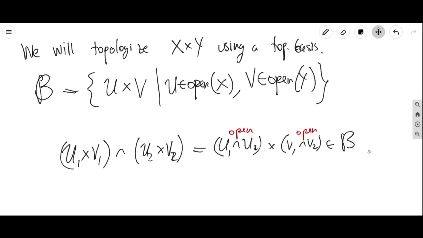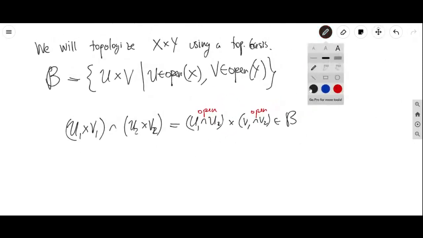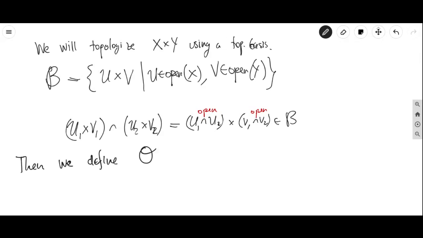Okay, and then we define, let's say script O is an open subset of the Cartesian product.